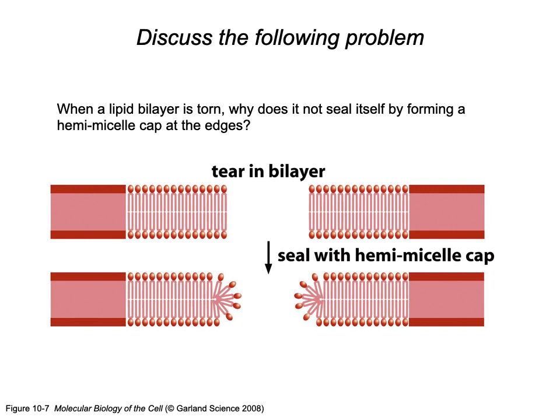So though this might protect some of that membrane, it's not going to protect the edges against exposure to the water, and that's not what these hydrocarbon tails like. So they would try to rearrange themselves in some way. That's not a favorable environment for them to exist.